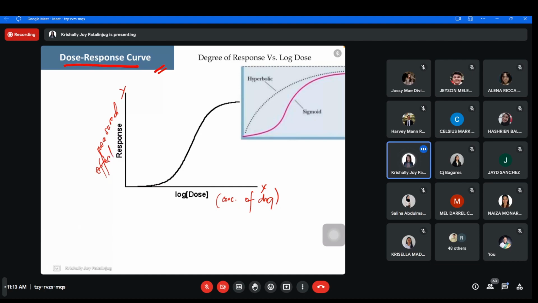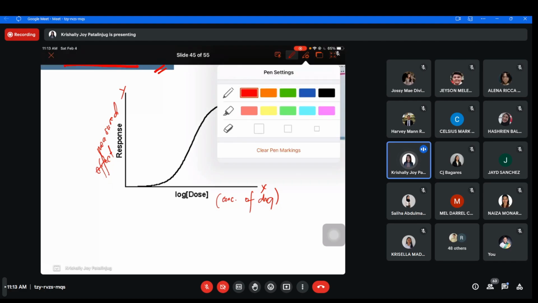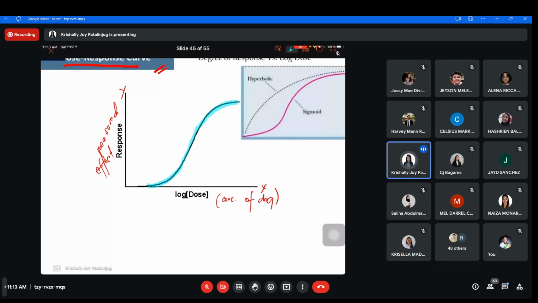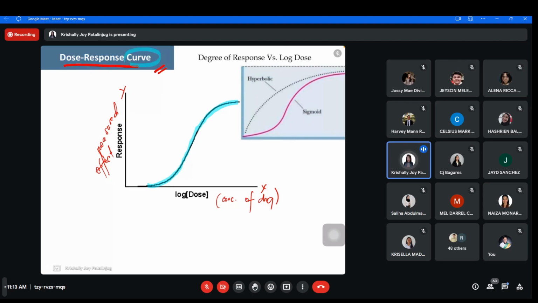Okay? Or that tells us the efficacy of the drug, the response, measured effect, efficacy. And then yung nakikita nyo na line dyan, itong highlighted with color blue, that is already the dose response curve. Okay? And that should be plotted.